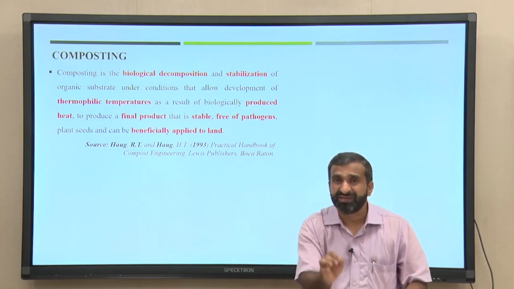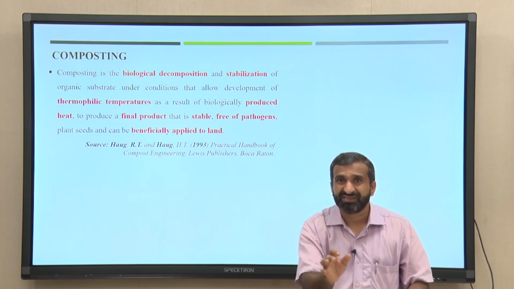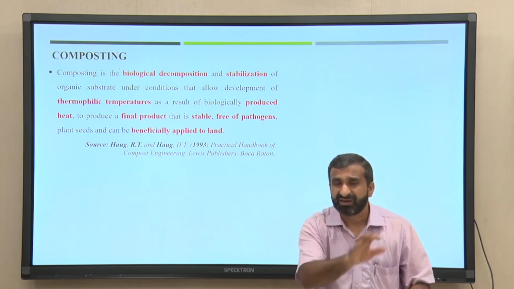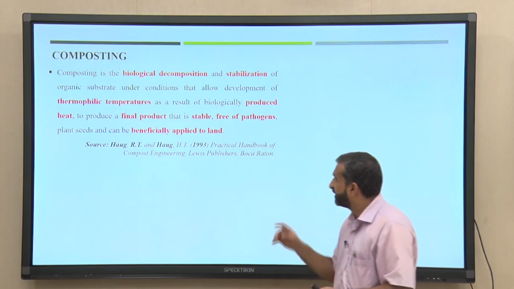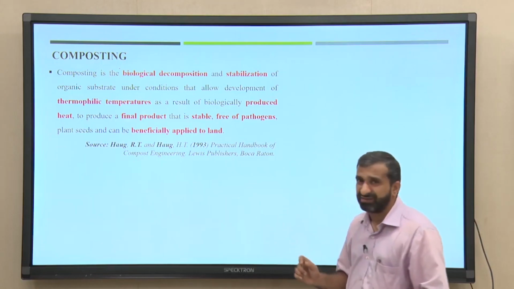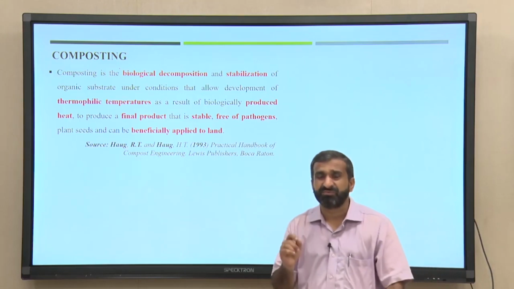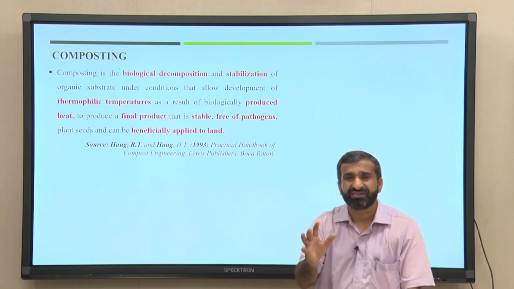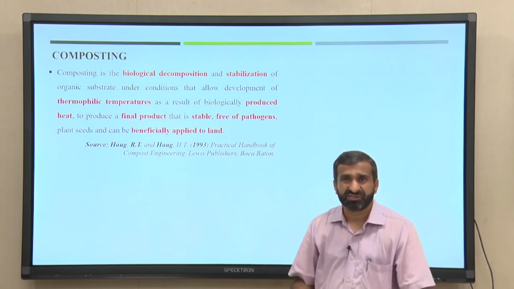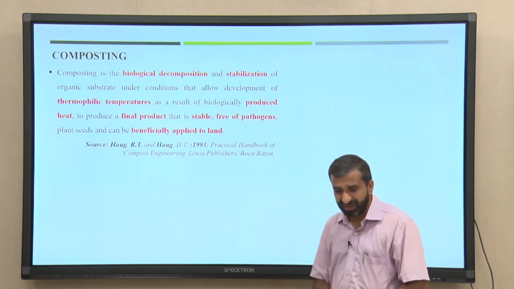It should be free from plant seeds, okay. The seeds have to be completely degraded during the composting process, and the compost can then be beneficially applied to land. This is also a very important point: it should be beneficial to the land, then only can we say it is a proper composting process. So, how will it benefit the land?